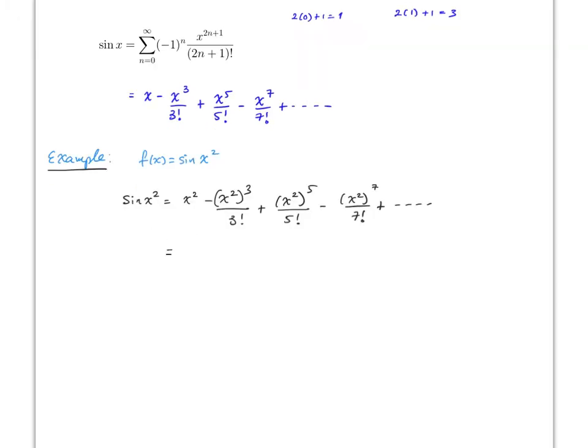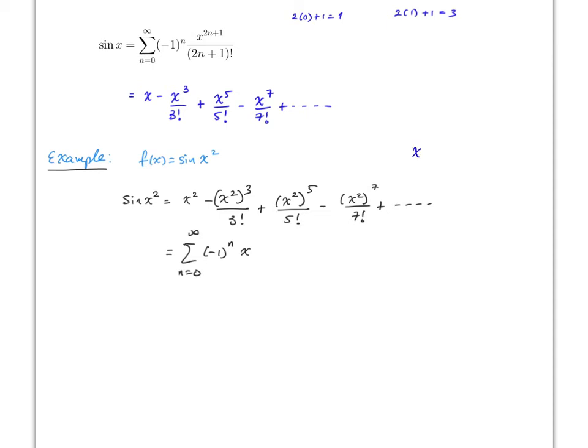Therefore, if we write this in sigma notation, this will be the sum from n equals 0 to infinity of minus 1 to the n, because it keeps changing from positive to negative, so it's alternating. But notice that this will now be x to the 6, x to the 10. So relating that to the starting point, this will be the same thing as doing this.